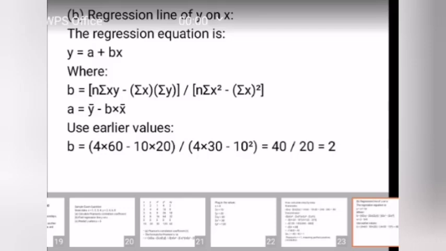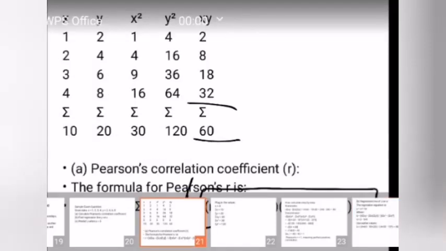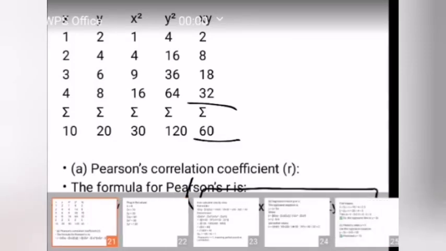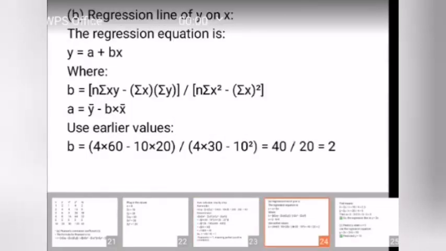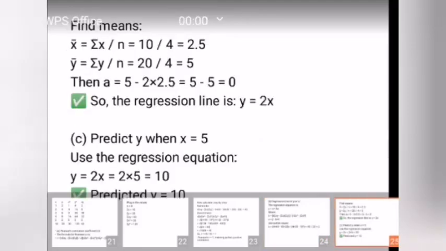So using the earlier values, the ones we have already calculated using this table, we'll plug them into the formula of b. So we have 4 times 60 minus 10 times 20 over 4 times 30 minus 10 square. So we have our b as 2.